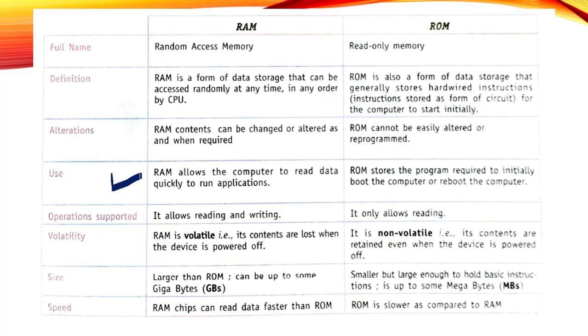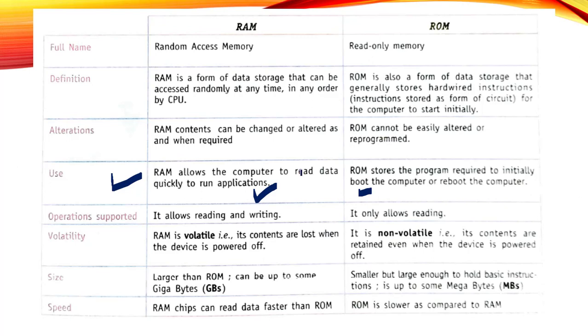Next we have their use. RAM allows the computer to read data quickly to run applications. It means RAM is generally used for giving a proper user experience so that our computer can easily process the applications. Whereas ROM stores the programs required to initially boot the computer. It means the basic use of ROM is just to boot or turn on our computer system.